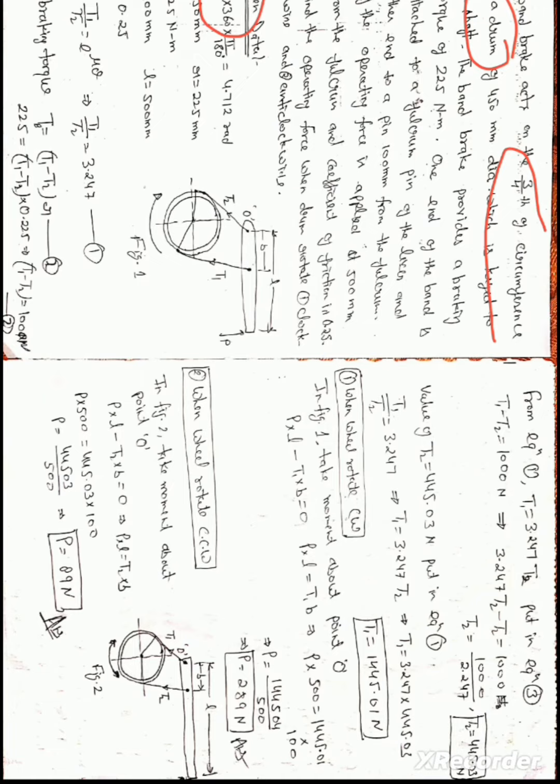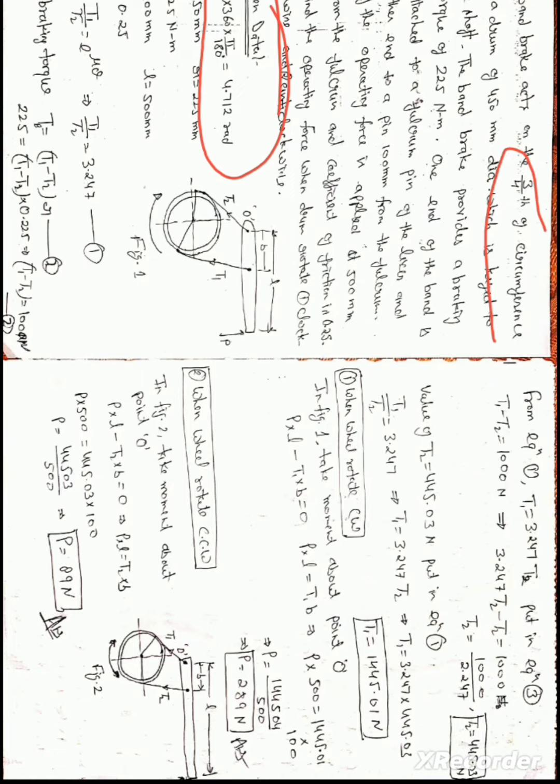So we convert degree to radian by multiplying by pi by 180, and we get the value of theta in radian. So 3/4 into 360 into pi upon 180, and we got the value of theta equal to 4.712 radian.